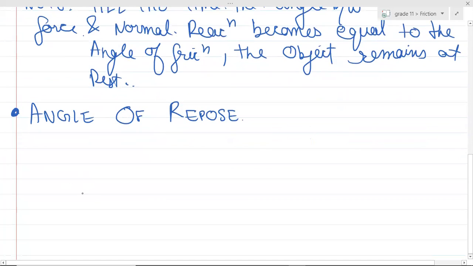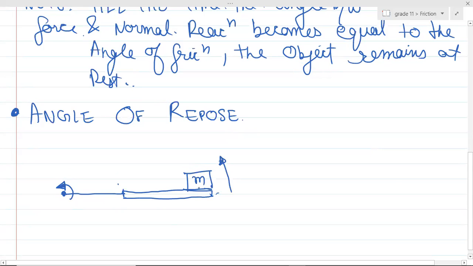Can you see over here? Suppose guys, there is a plank. Can you see a plank? And this plank can rotate about, let's say, this particular axis in anti-clockwise fashion. Let's say I have a block of mass m which is placed over here. Now what will happen when this plank starts going up?